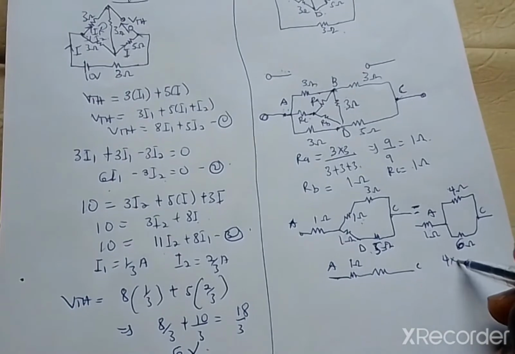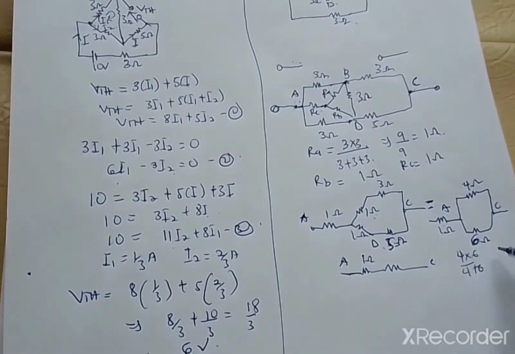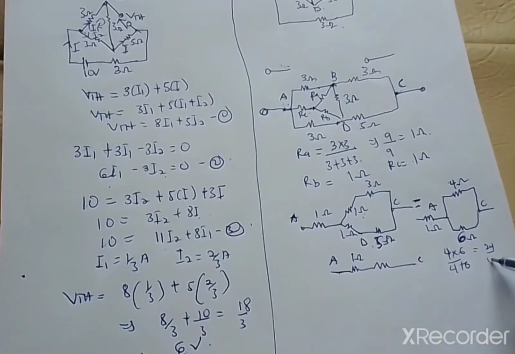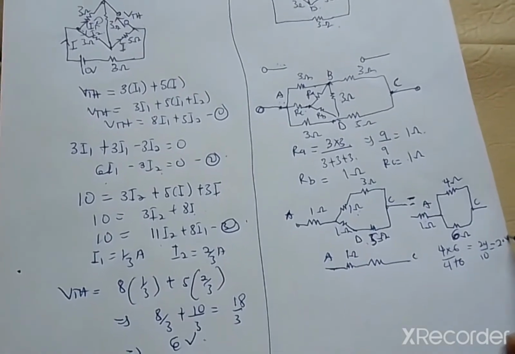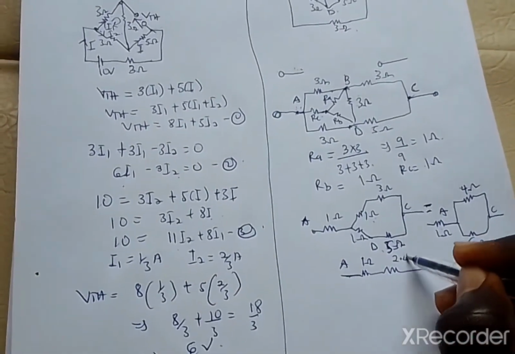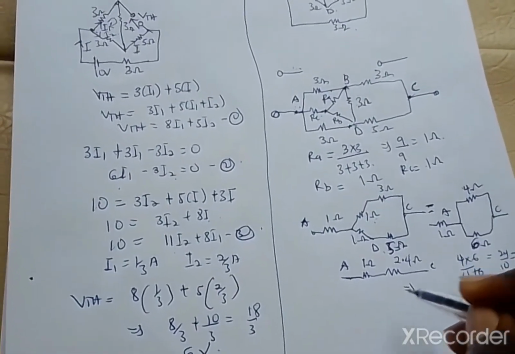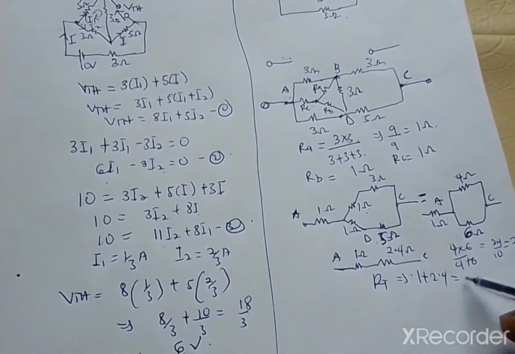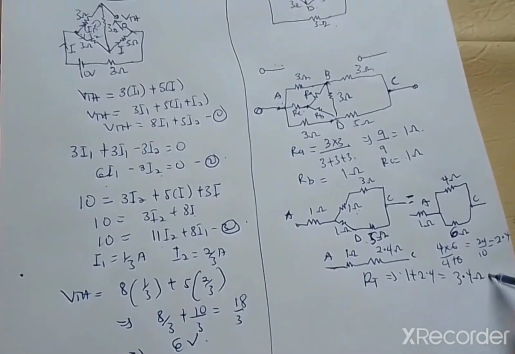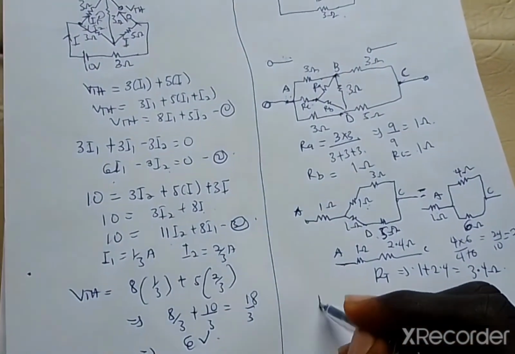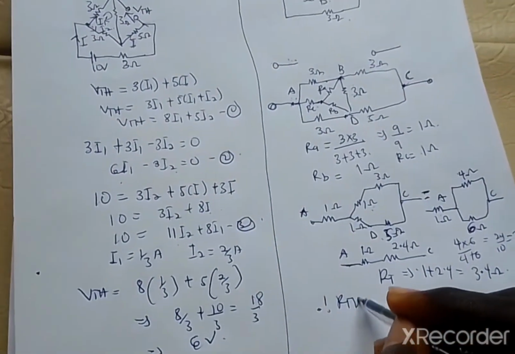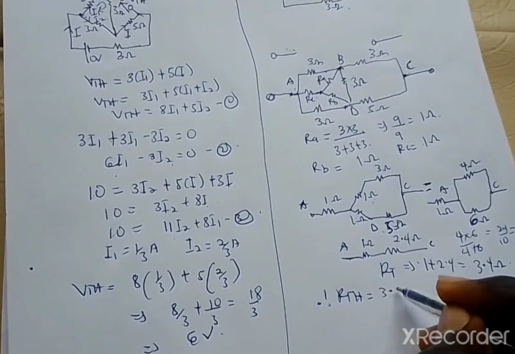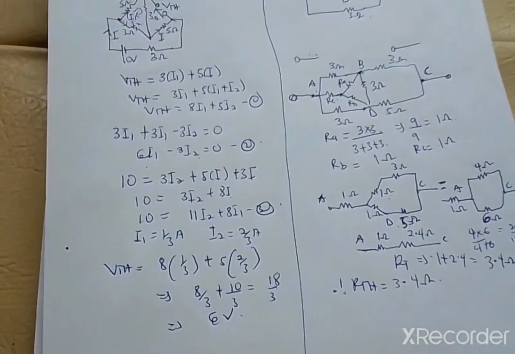That will be 4 times 6 over 4 plus 6, which gives us 24 over 10, the same as 2.4. So this will be 2.4 ohms, and our total resistance RT will be equal to 1 plus 2.4. That will give us 3.4 ohms. So therefore our RTH is equal to 3.4 ohms.